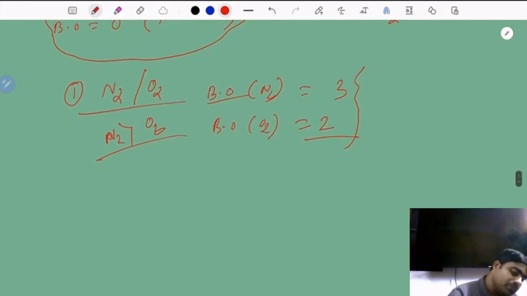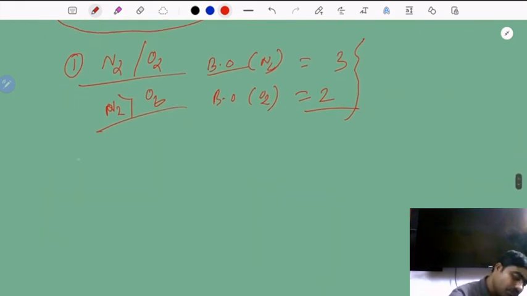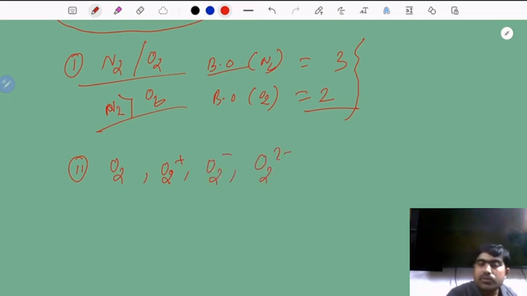Next, suppose you are asked to arrange the bond strength of different molecules. For example, O2 plus, O2, O2 minus, O2 2 minus. We have to arrange the bond order, bond length, bond strength; different questions will come.